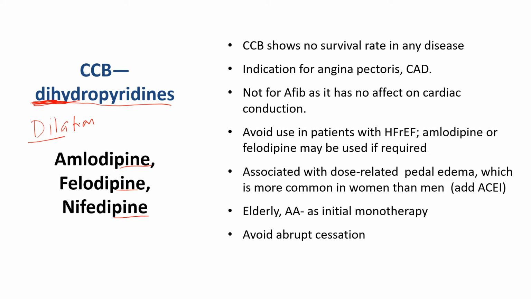All right. So who are good candidates for calcium channel blockers? Well, perhaps the patient who cannot tolerate beta blockers. We have to be very, very careful when you select a calcium channel blocker, because calcium channel blockers really have no survival benefit in any disease.